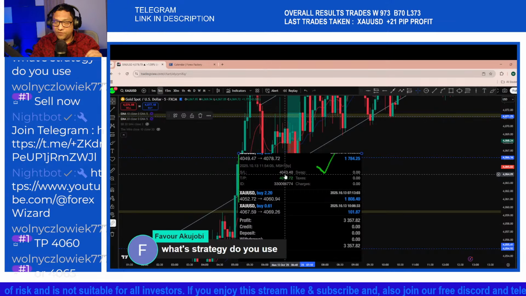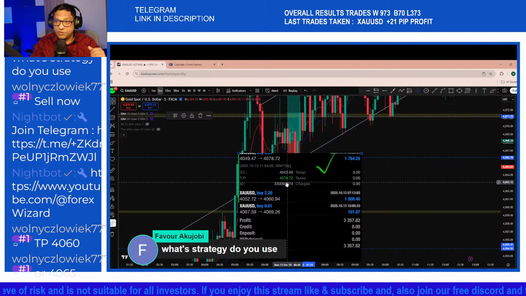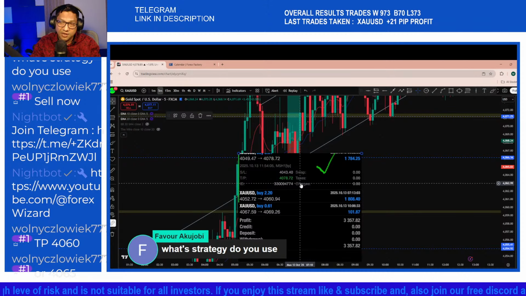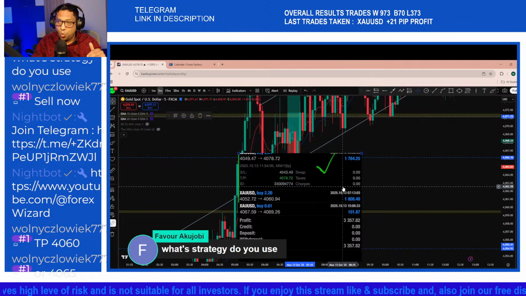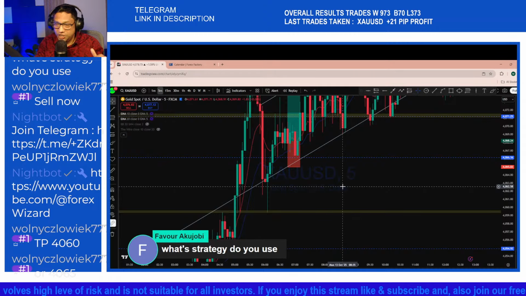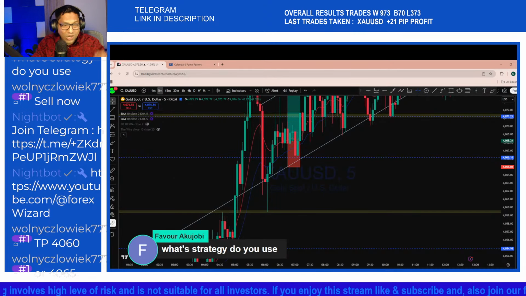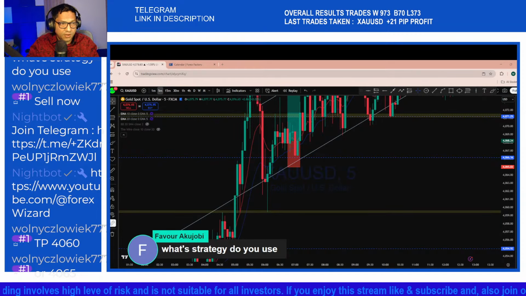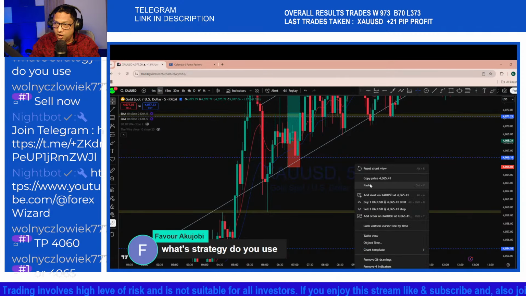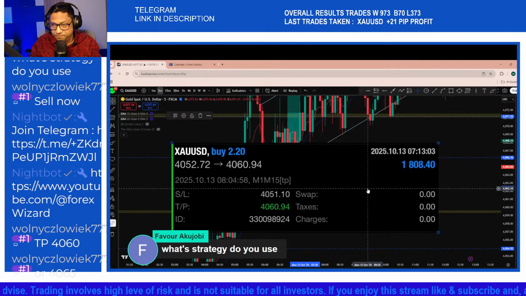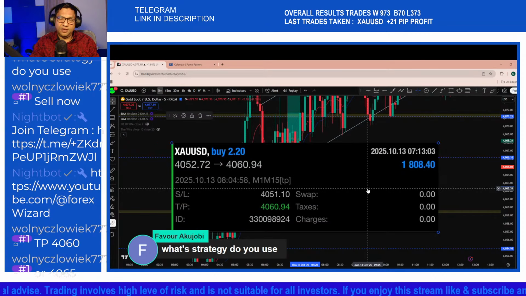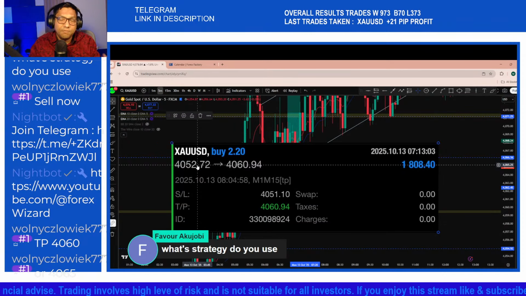The stop loss was at 4043 and the TP target at 4078, nearly 300 pips with this one single trade. 300 pips.